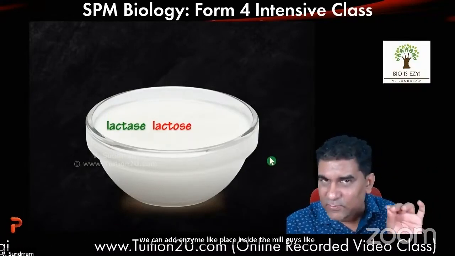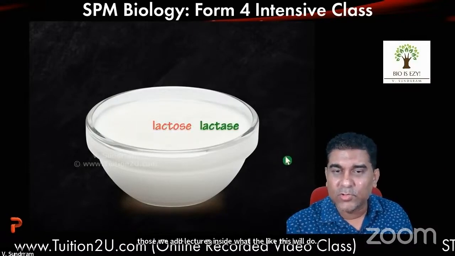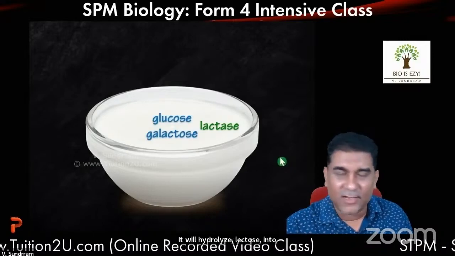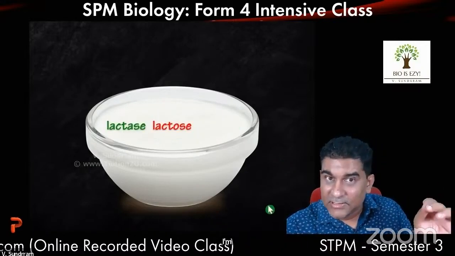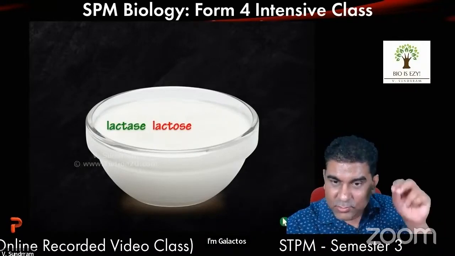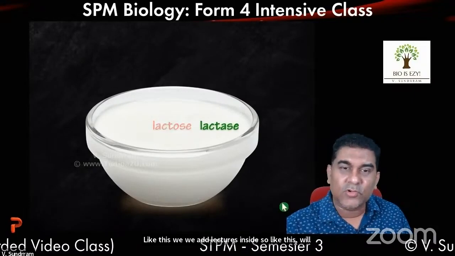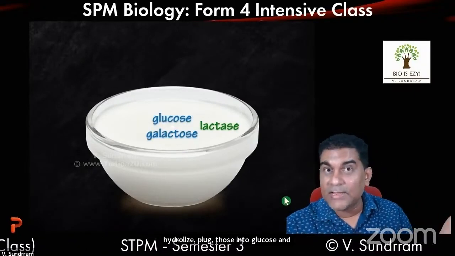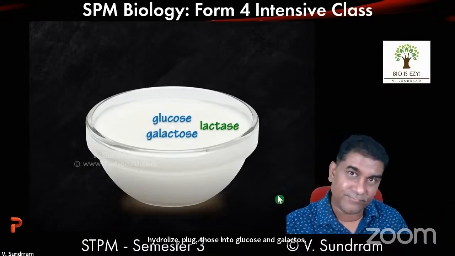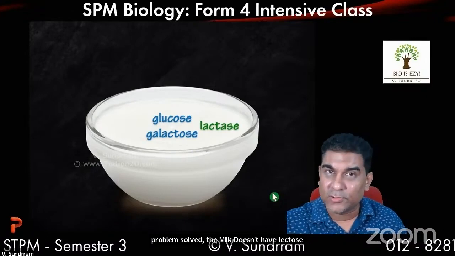What the lactase will do, it will hydrolyze lactose into glucose and galactose. Problem solved. The milk doesn't have lactose. Now people can drink this milk because no more lactose.